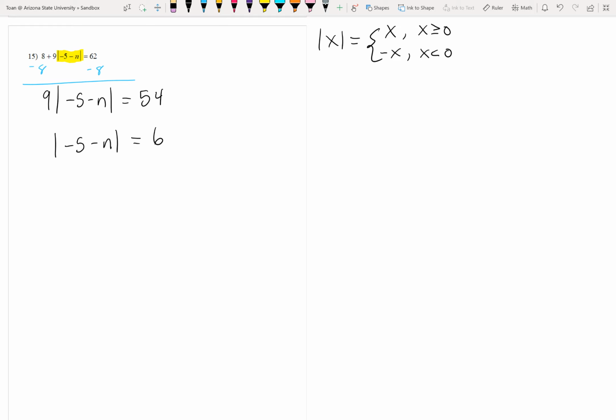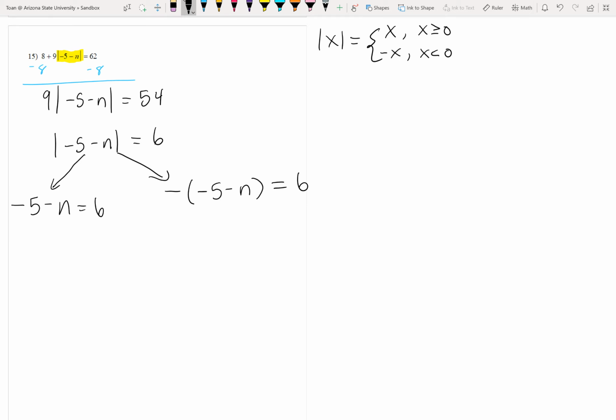So as problem solvers, we have to cover both bets. That means this absolute value expression, by definition, could give me the identical thing right back out, negative 5 minus n, which, according to the equation, equals 6. However, by definition, it could also give me the exact opposite. To do the opposite, you just slap on a negative in front, which at the same time equals 6.